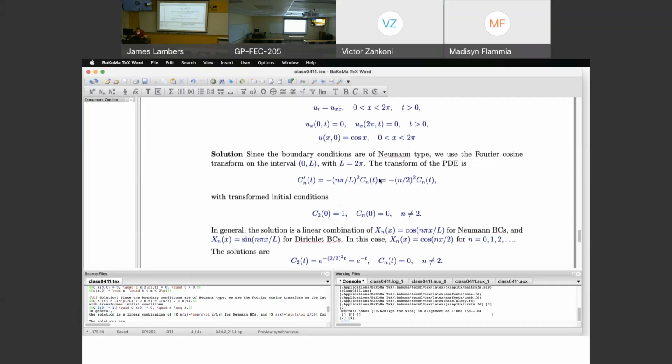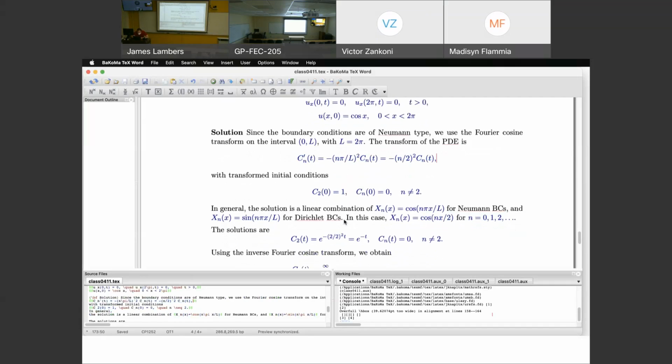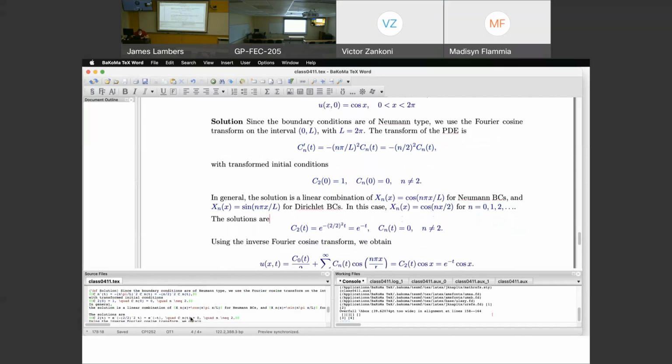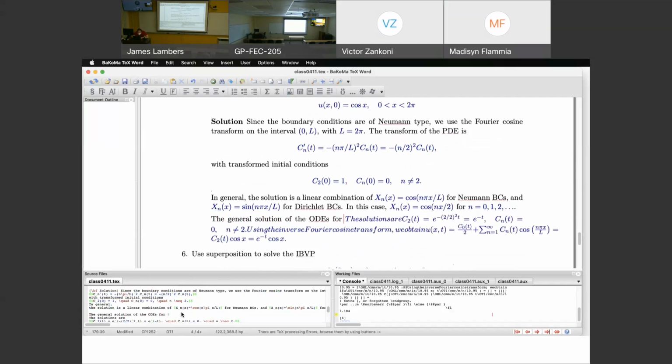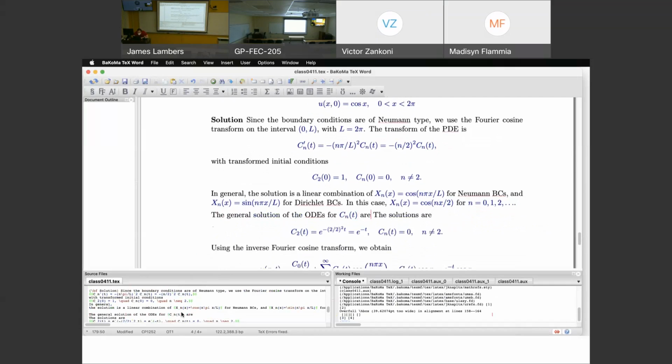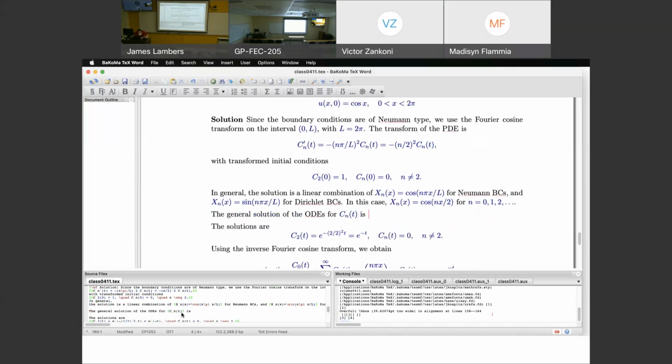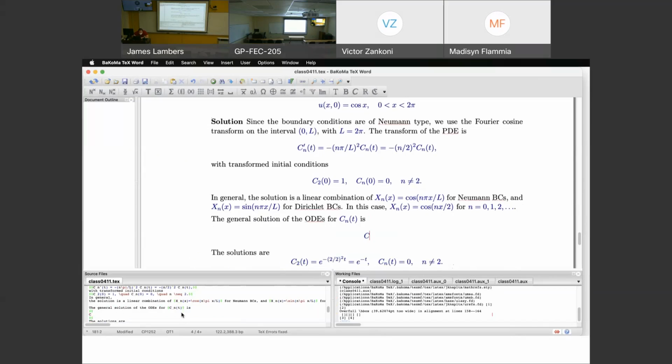So for this ODE, the general solution of this ODE, I'll fill that in here too. For C_n(t) is C_n(t) equals e to the minus (n over 2) squared t times C_n(0).